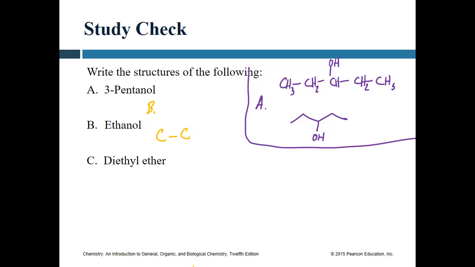Now I know it's an alcohol. Does it matter which carbon it goes on? No, in this case, the left carbon and the right carbon are equivalent. They're the same. So I could put it here. I could put it here. It wouldn't matter.